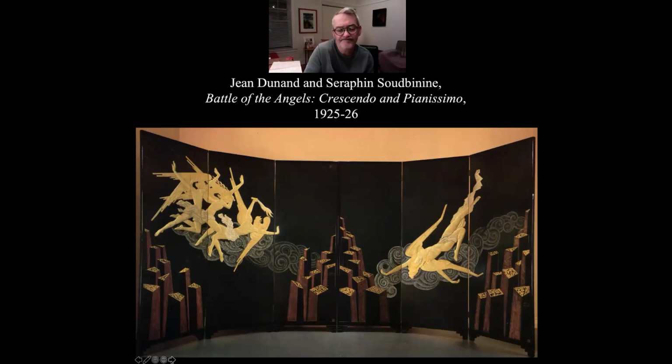Angular features in Art Deco. This is this sort of stylization of the human figure and even landscape, making things more angular, even cubist in a way. This is from the mid 1920s. Cubism in art. Are you familiar with Cubism?